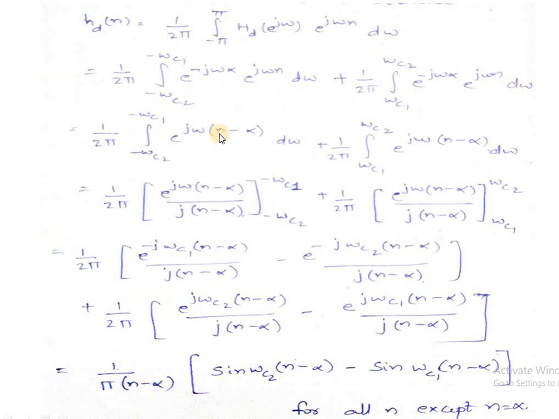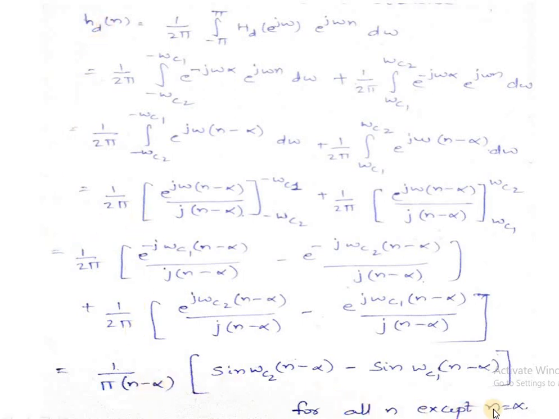I do find out the inverse Fourier transform, and the inverse Fourier transform relation is given as 1 by pi into n minus alpha, sin omega c2 n minus alpha minus sin omega c1 n minus alpha. And this particular expression for hd of n holds good for all values of n from minus infinity to plus infinity, but not at n is equal to alpha.